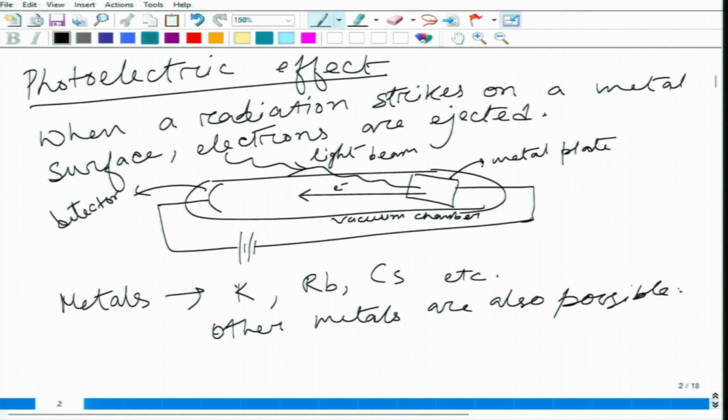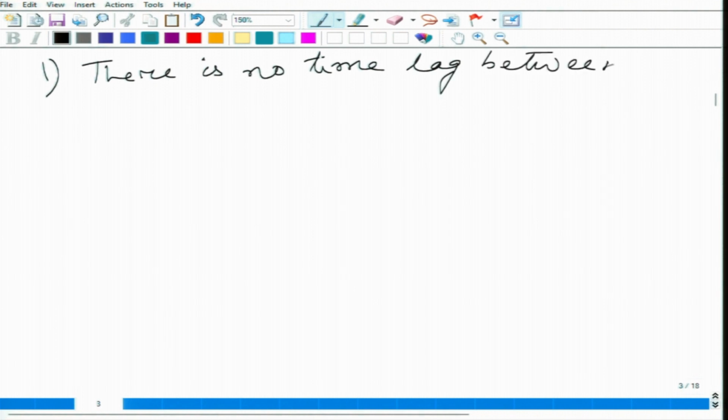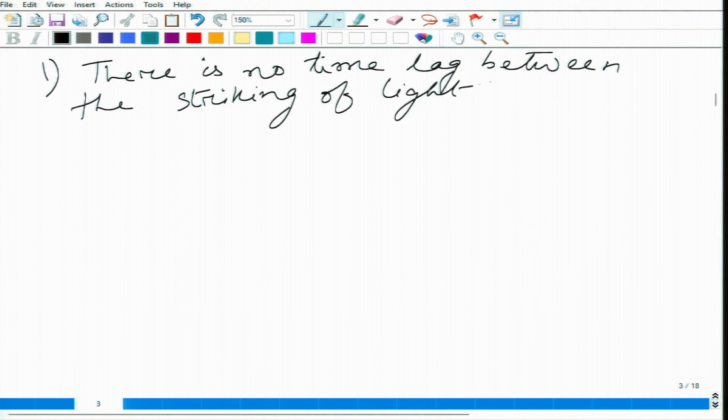Okay. Now, photoelectric effect had some postulates. It stated that there is no time lag between the striking of light beam and ejection of electrons.